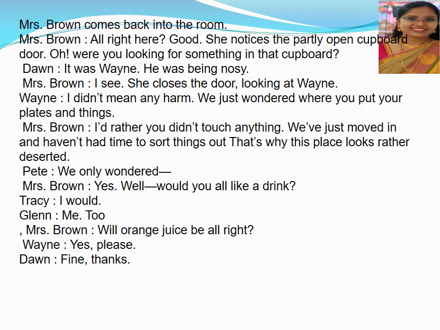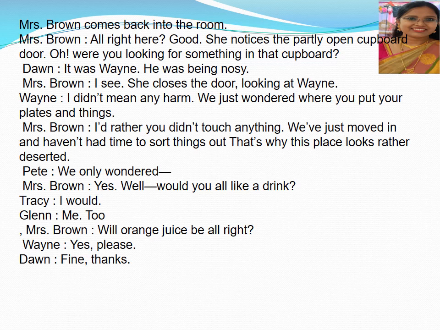Mrs. Brown comes back into the room. Mrs. Brown: All right here, good. She notices the partly open cupboard door. Oh, were you looking for something in that cupboard? Dawn: It was Wayne. He was being nosy. Mrs. Brown: I see. She closes the door, looking at Wayne. Wayne: I didn't mean any harm.